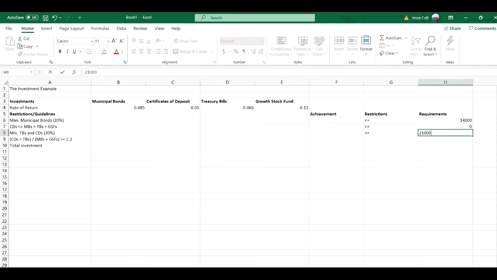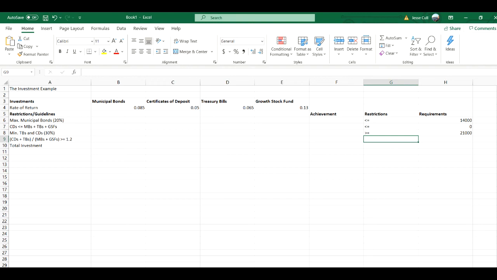We bring everything over here, and we have CDs plus TBs minus 1.2 MBs minus 1.2 GSFs is greater than or equal to 0. So that becomes minus 1.2, 1, 1, minus 1.2, greater than or equal to 0.